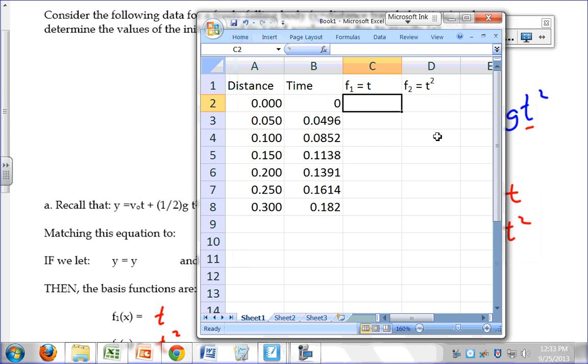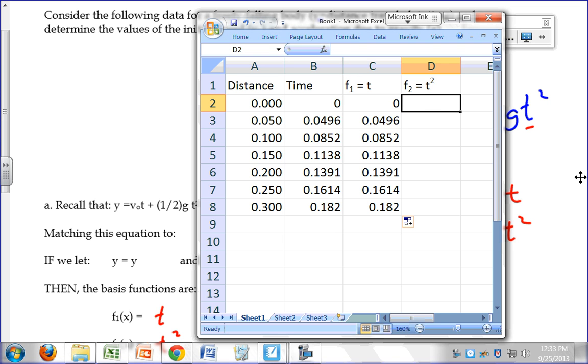Okay, so what would these numbers be? F1 will be just time, right? So I'm just going to equal to this number on the left. And then I can just copy that down to the rest of my cells. So that's just the same number as column B. That's your T, right? What is T squared? Equals whatever the number on the left is, B2 is, you square it, right? How do you square things in Excel?